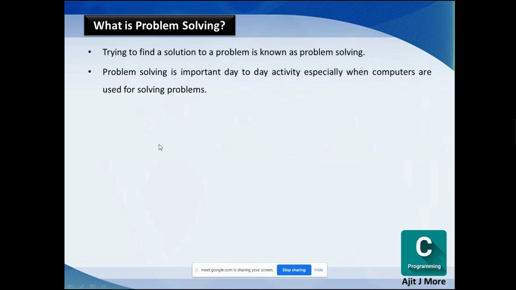Some problems already have solutions found by people, and you are just learning those solutions. Like now that you have entered engineering, you will be learning such subjects where you are not going to find the solution on your own. The solutions have been found, you're just going to understand them.